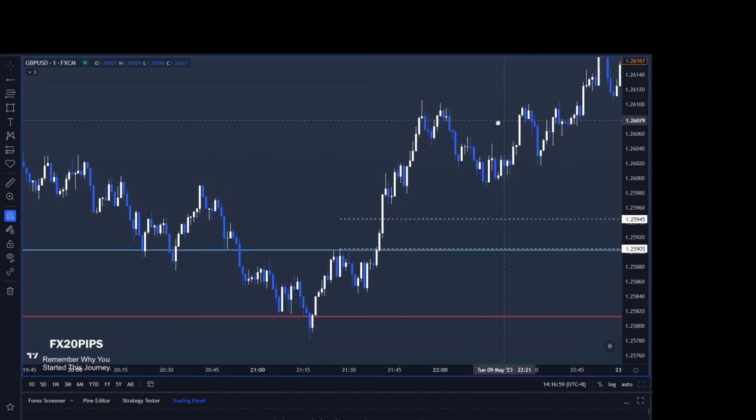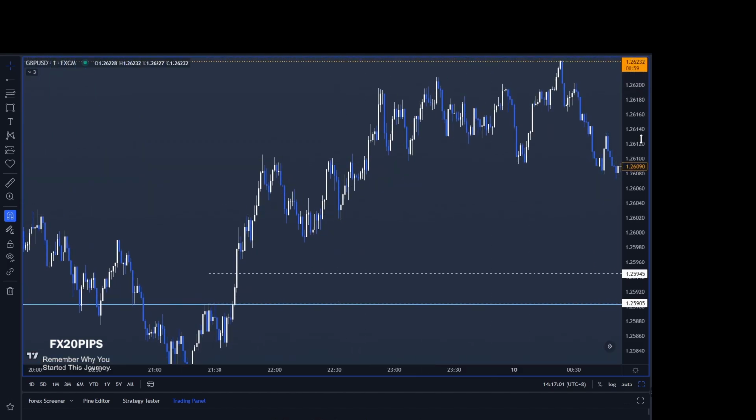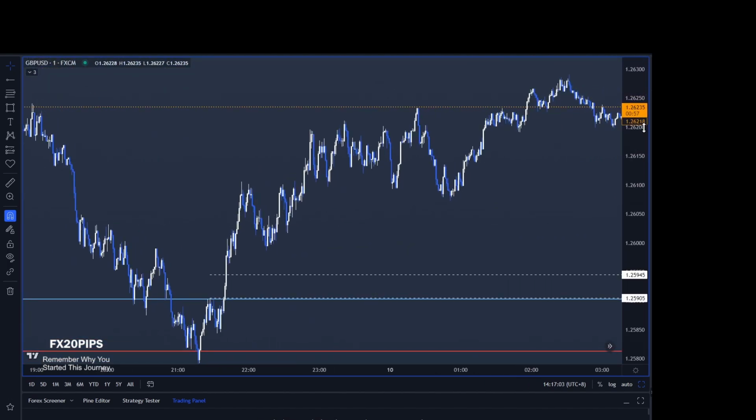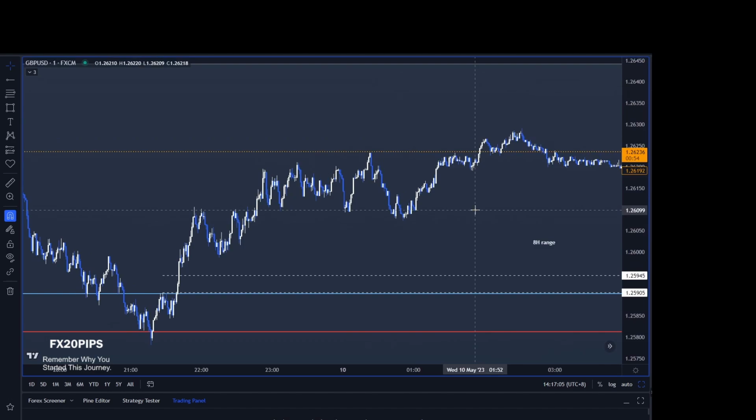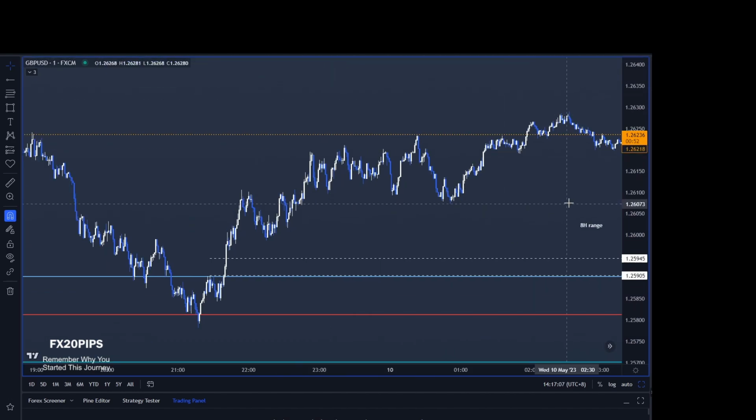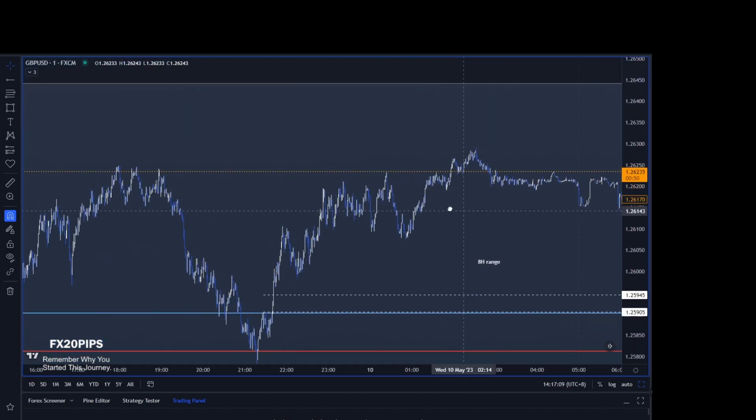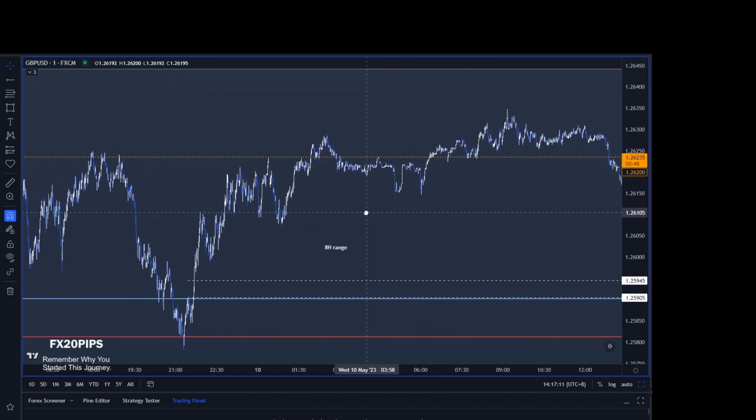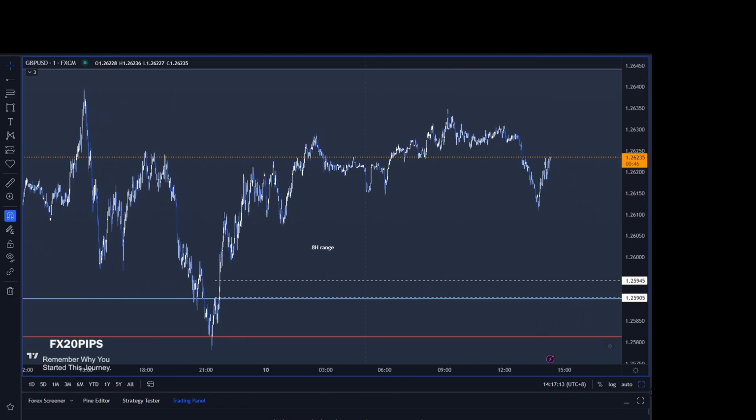So from yesterday, the candles, with the entry here, the price just kept going up, into here.